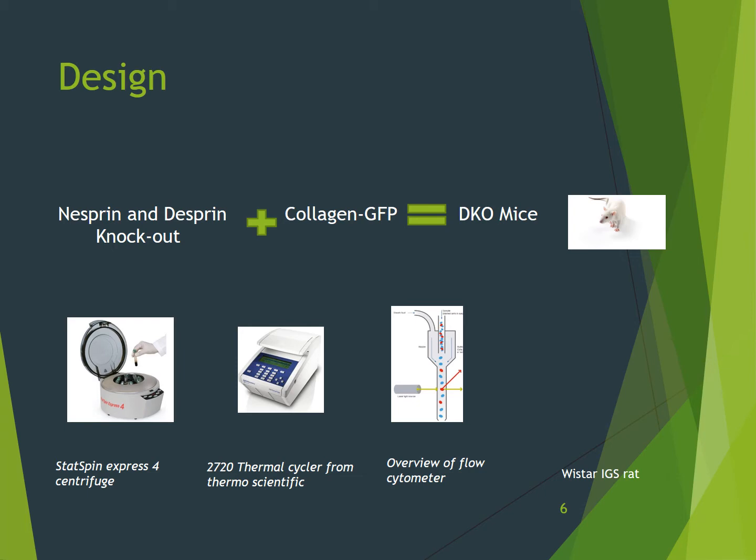The Nesprin and Desmin double knockout has been used previously as a model of chronic skeletal muscle fibrosis, so this was their test in this case. They also gave the collagen GFP fused gene to wild type mice to be able to compare where it normally was and where it was in the fibrotic mice.